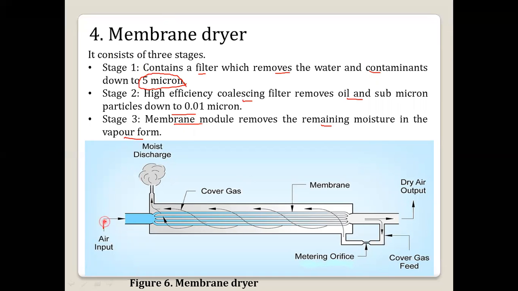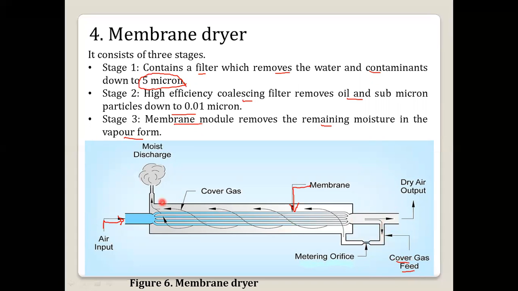Here we can see air getting inside the membrane dryer. The membranes are made of fiber material. Due to the pressure difference between the inside and the outside of the membrane, we will get dry air at the outlet. Some of the dry air is returned back, which we call the cover gas feed.